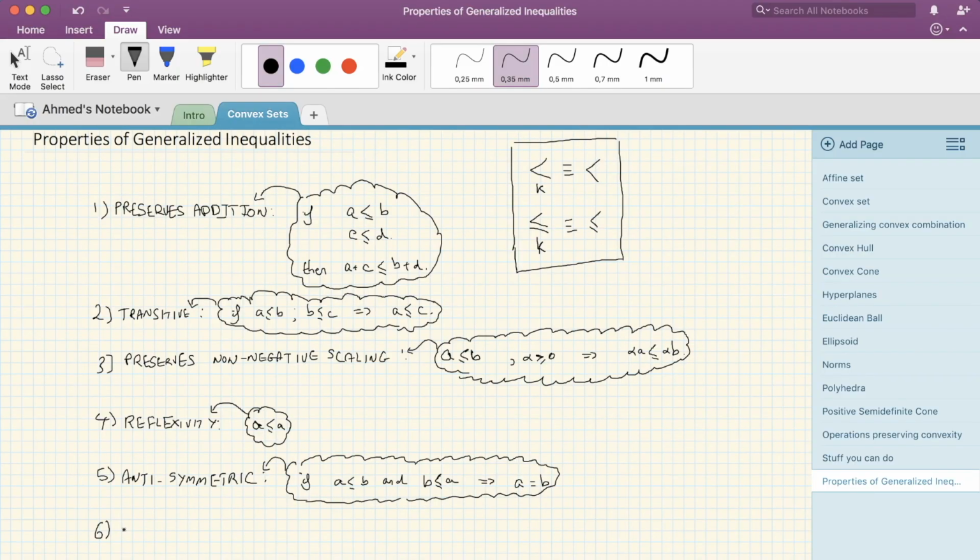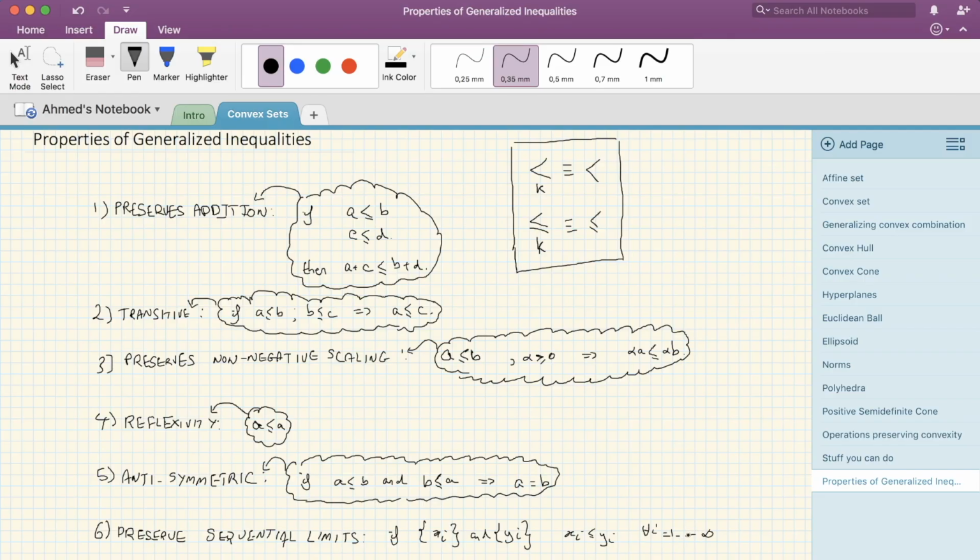We also have that generalized inequalities preserve sequential limits. So what that means is that if I have a sequence of xi's and another sequence of yi's where xi is less than yi for all i, it's an infinite sequence, so until infinity.